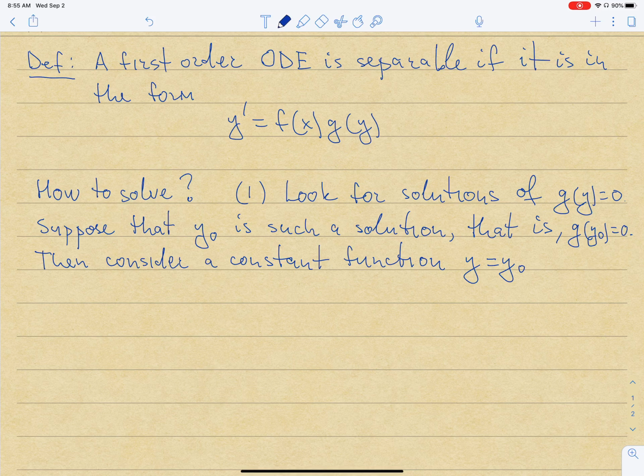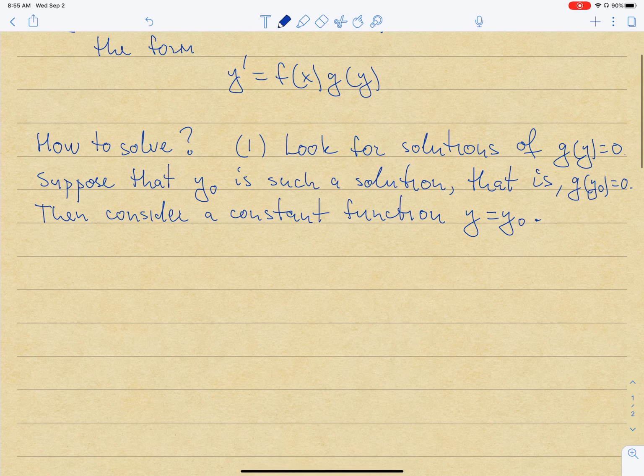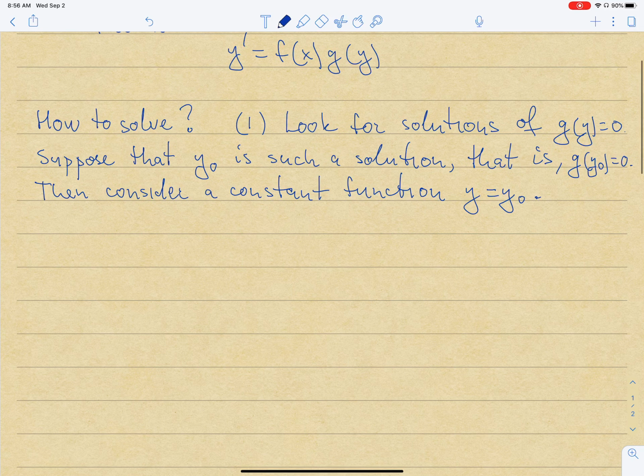Of course, we know that if I take a derivative of y, that's the derivative of a constant, which of course is 0.